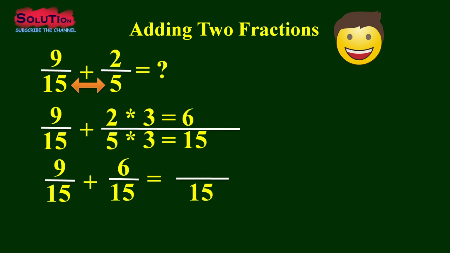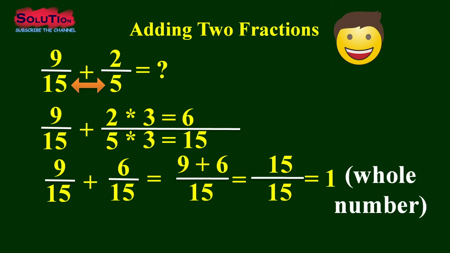So in the answer 15 will come, and in the numerator I have to add 9 and 6. So very easy, 9 and 6, it will be 15, and 15 by 15, or you can say 15 divided by 15, it will be 1. So 1 is a whole number. So the answer of 9 by 15 and 2 by 5 is 1.